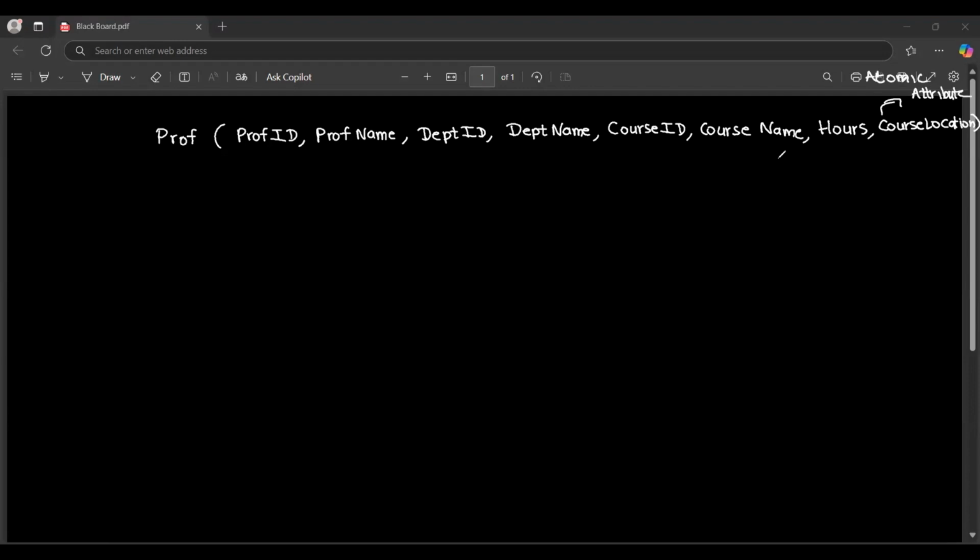Now we have prof ID, dept ID, and course ID as the primary key. Why? Then only department name can work. The course hours is very important. That is dependent on course ID and prof ID.